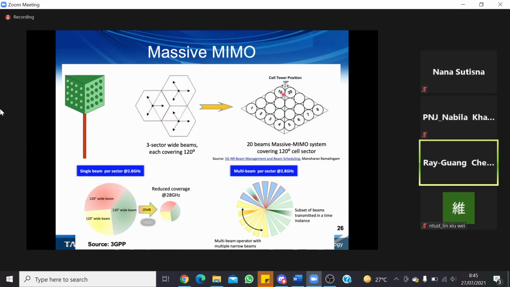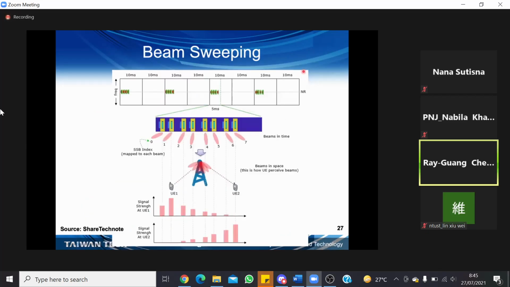Now, when you are able to divide into 20, your energy may focus on a very small area, so you can have a better service here. So this is the concept of massive MIMO. But the major challenge is how the base station knows where the user is.